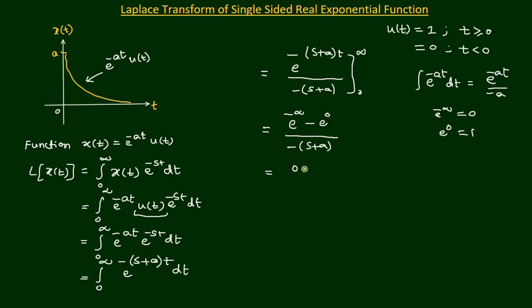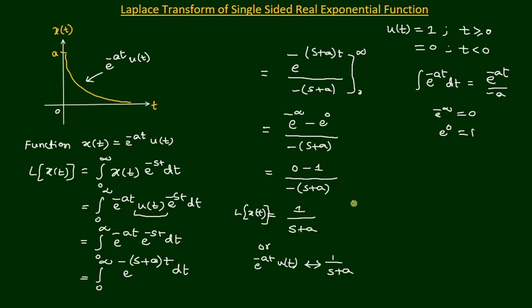So 0 minus 1 divided by -(s+a) gives us 1/(s+a). So this is the Laplace transform of x(t), which is e^(-at) u(t). We can write that the Laplace transform of e^(-at) u(t) is 1/(s+a).